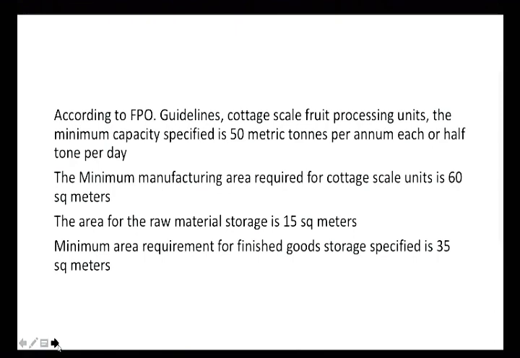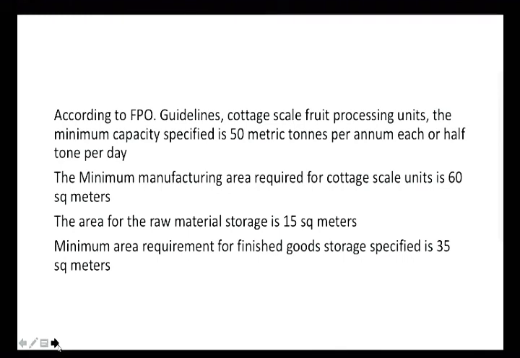When it enters the processing area, you need to have some area for raw material storage. So for that, we are assigning 15 square meters for raw material storage. The minimum manufacturing area for the cottage scale is the area where we can manufacture the different value added products, around 60 square meters.